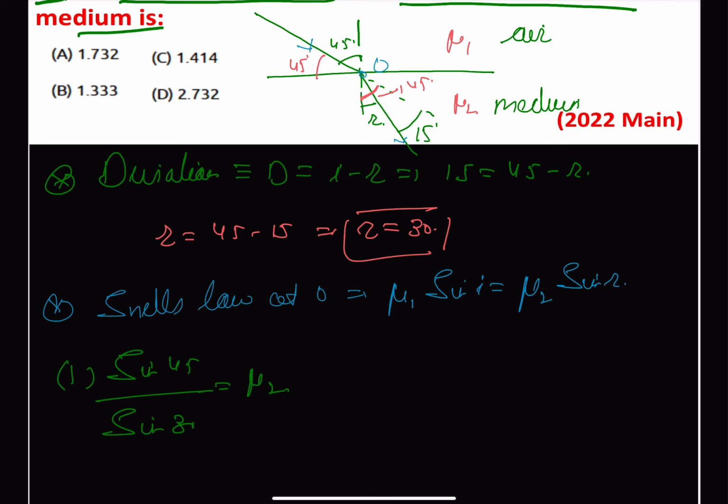Sine 45 is 1 upon square root of 2, sine 30 is 1 by 2, multiplied by 2 by 1. We can rationalize it, and this gives us square root of 2, which is 1.414. So option C is the correct one.